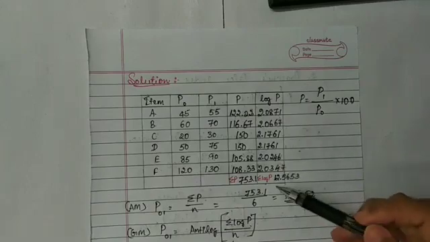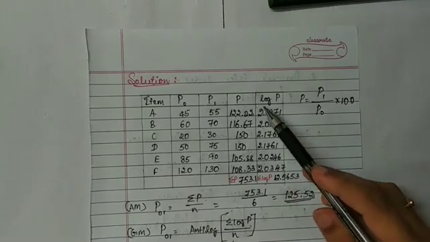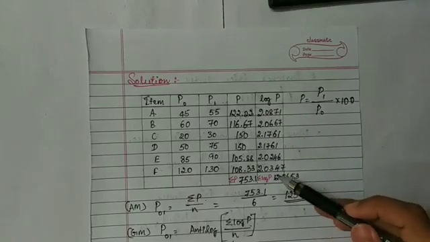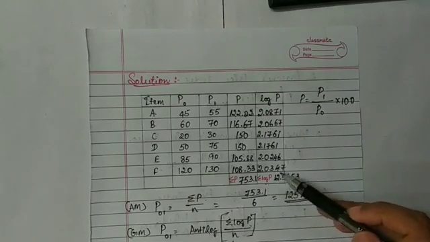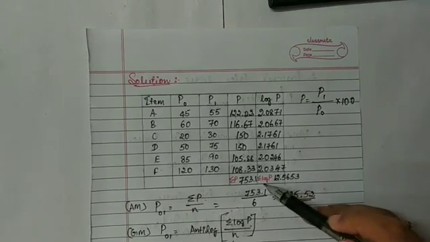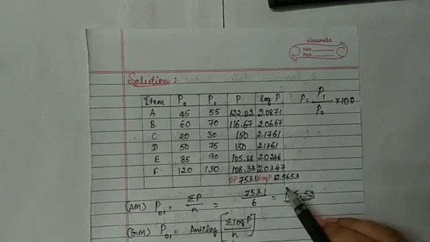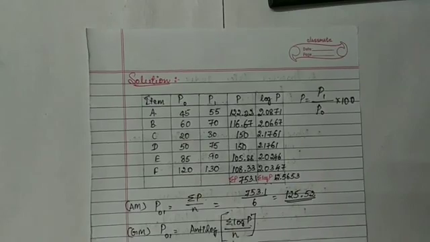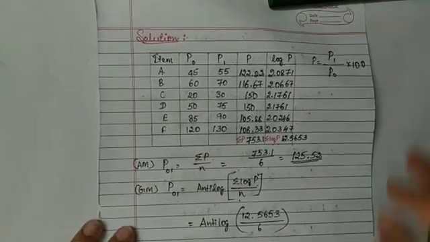The same way we found log P for all the items, and the total of log P, that is summation log P, is equal to 12.5653. Now here is the solution.